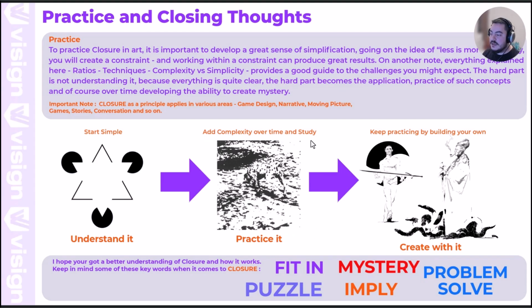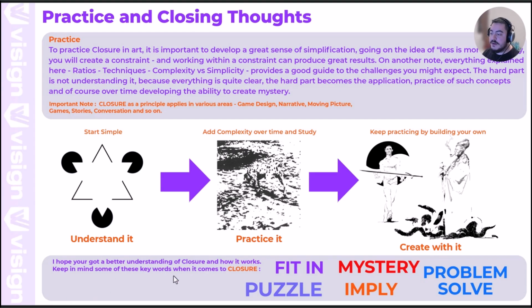This is an idea of practicing it. And after practicing it a lot, you keep practicing by building your own. What this means is that after you start understanding it in a clear-cut manner, you apply everything that you learned in your own work, and you start to create your own artwork using this principle.